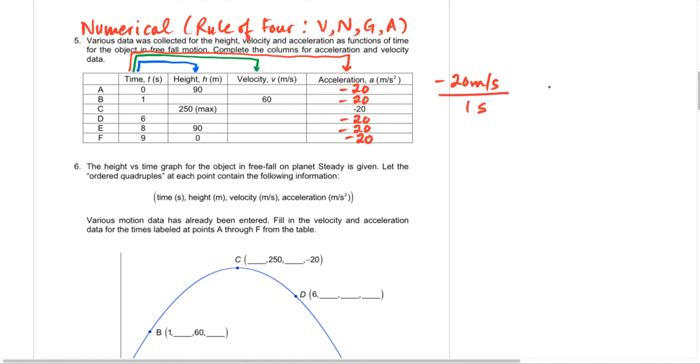And so we can look for a time difference of 1 second, say between points A and B, and know that the velocity will have decreased by 20 meters per second. And therefore, at point A, the velocity had to be 80, so that a decrease of 20 takes us to 60. We also know that by point D, the velocity has decreased 6 1-second times.